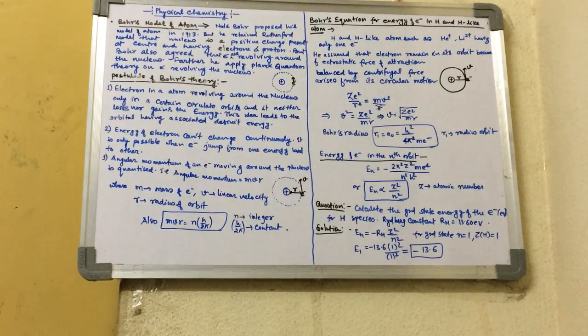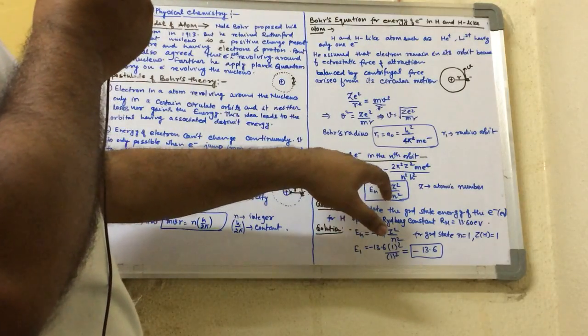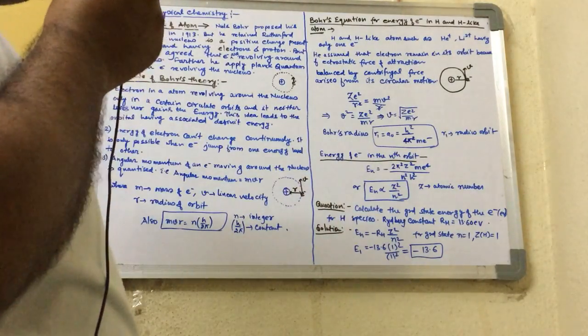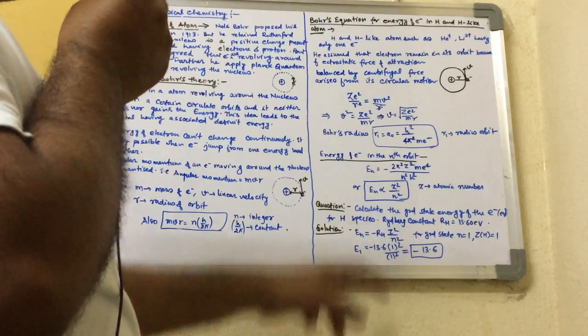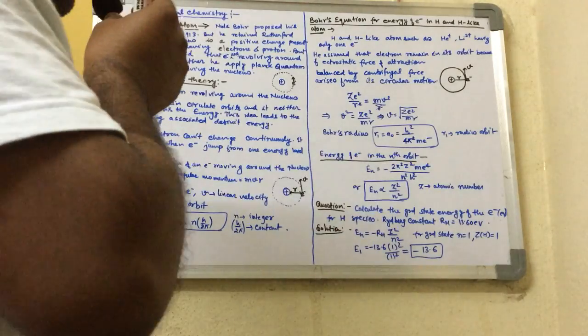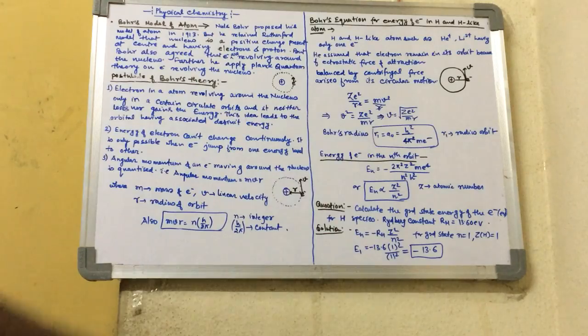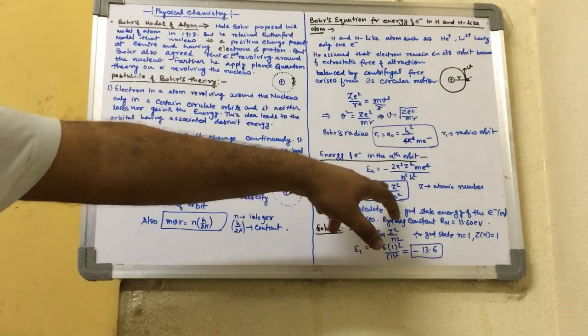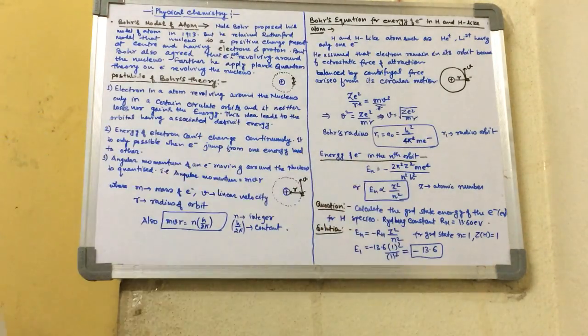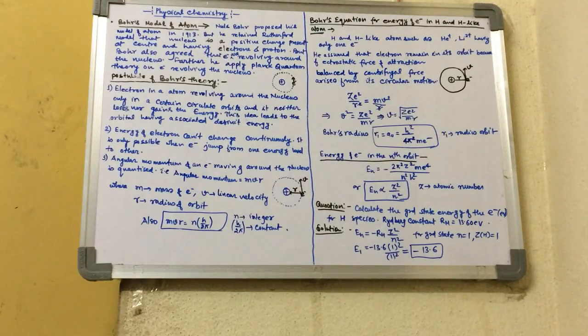So here we directly find the nth energy of this electron: 2 pi square Z square m e to the power 4 upon n square h square. So this nth energy is proportional to Z square upon n square.